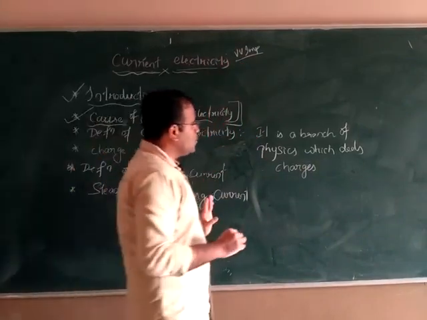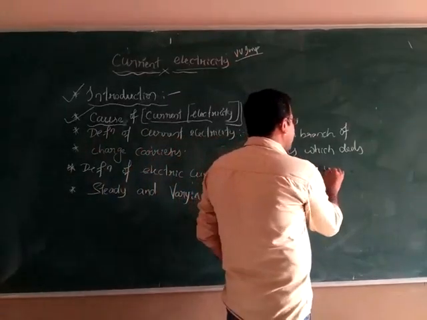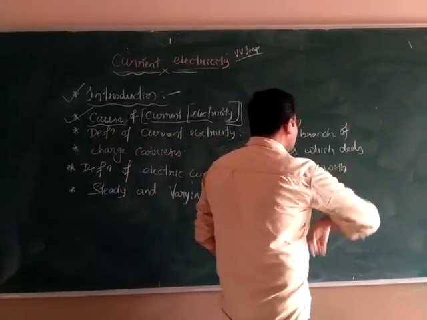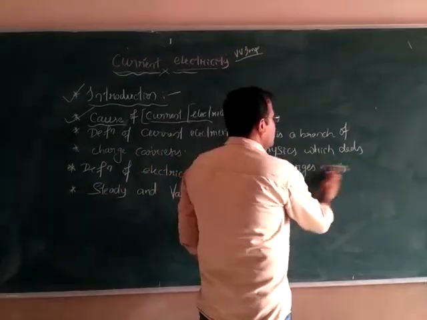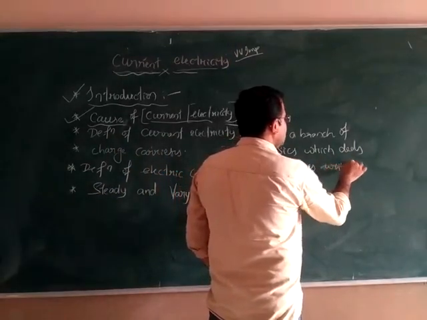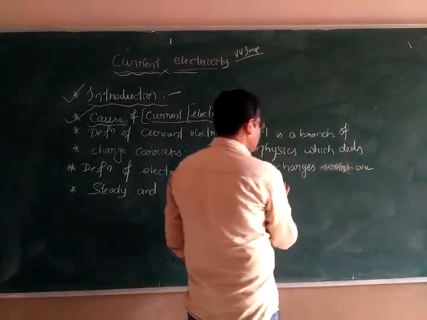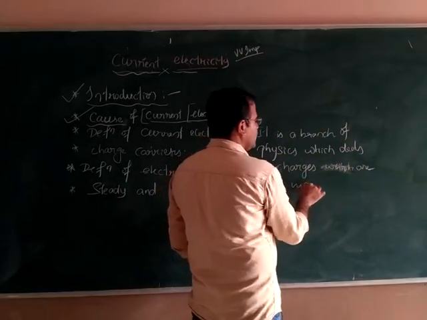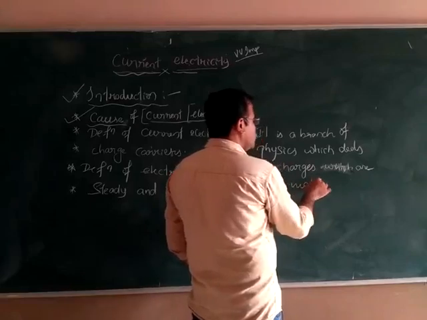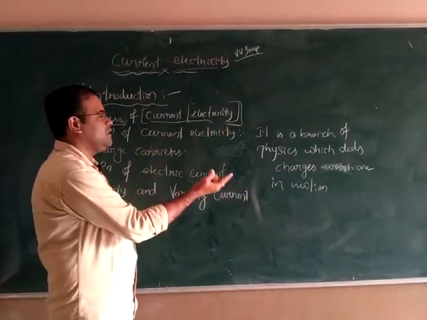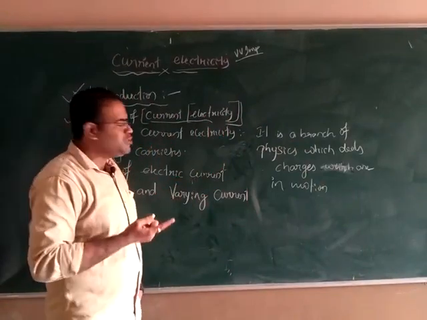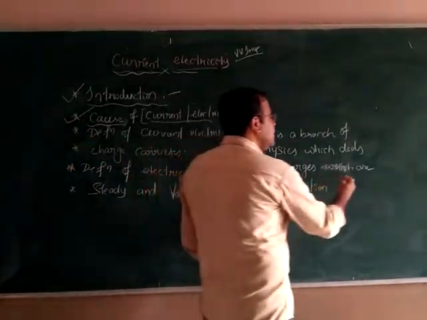Electrostatics. Here what you are observing deals with charges, which deals with the charges which are in motion here. They should not have a fixed position; they should keep on changing their position.